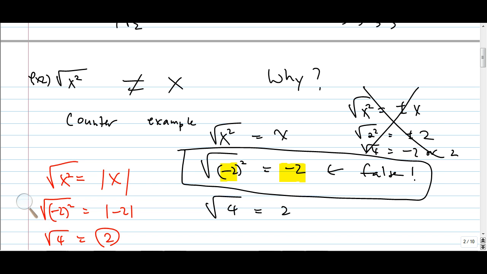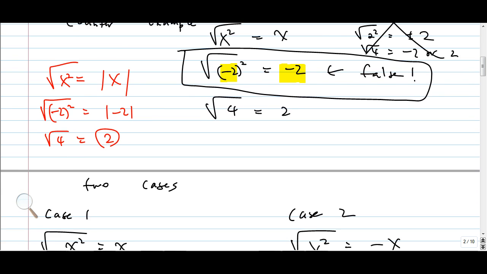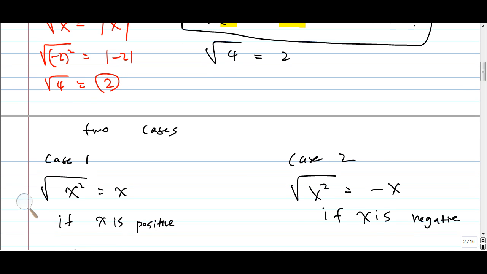Now, another clever person said this. Why not make it into 2 cases? What do you think case 1 will be? Yeah, where x is positive. If x is positive, it comes out to be just x. If x is negative, then it comes out to be the negative of that x, right?